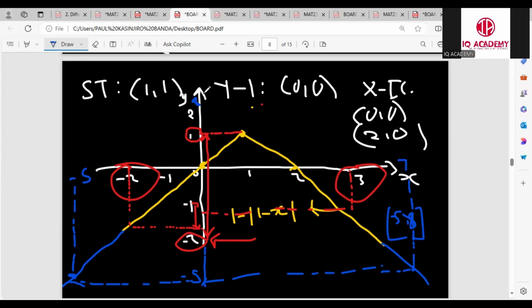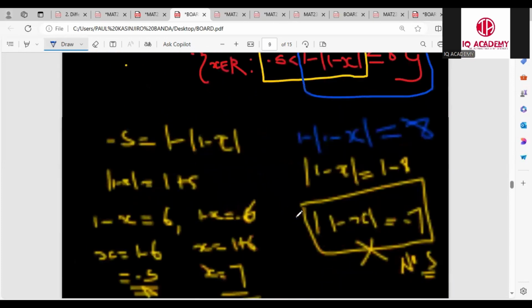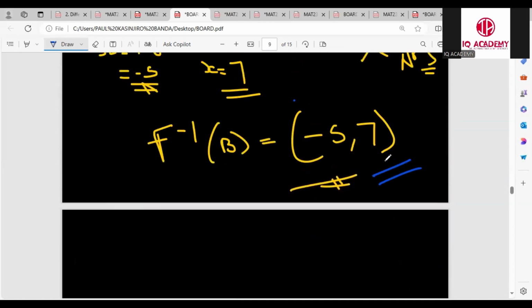So within this interval in the y from 8 all the way to minus 5, the lowest x value that we can find will just be minus 5, and the highest will be 7 there, within this negative 5 to 8. So that's how we get our answer there. This is actually our answer.